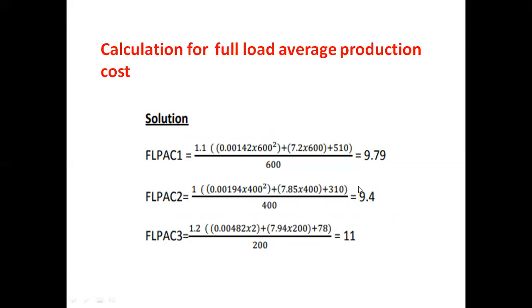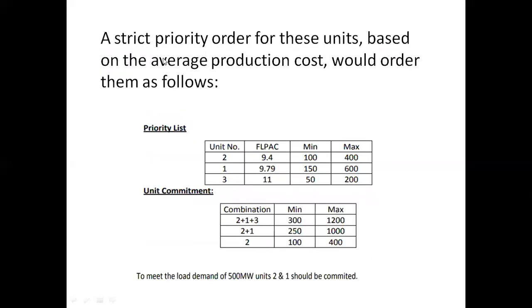So using the priority list method, unit 2 will be given the topmost priority, followed by unit 1 and then unit 3. A strict priority order for these units based on the average production cost is given as follows.